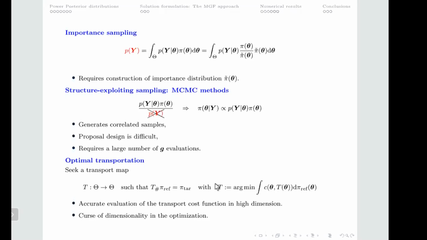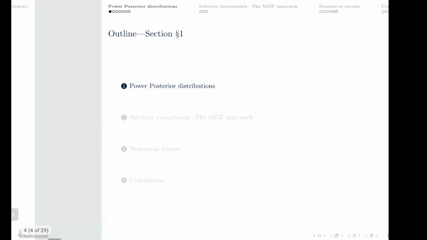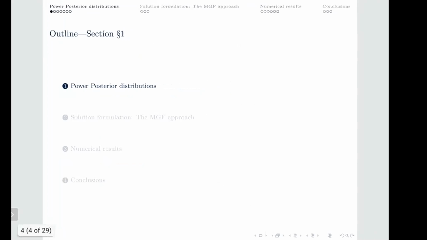So in both cases, you either have acceptance criteria to deal with, or you have optimization to run. Those two things make it almost impossible to have an a priori estimate of the number of evaluations of G. So now let's see what the power posterior can give us in this setting.